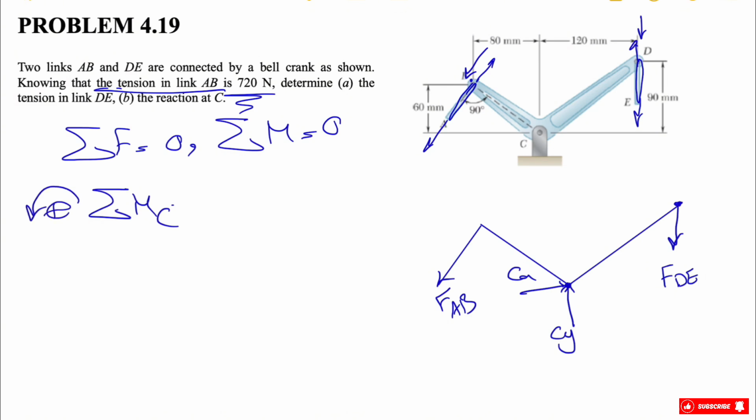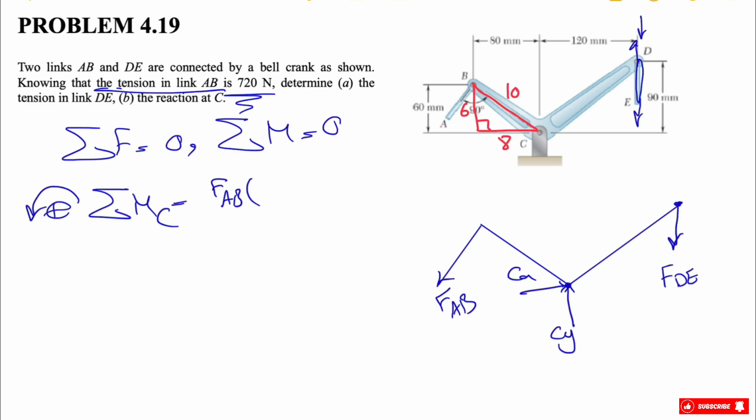Counterclockwise positive as always, and we have the moment of FAB, which is counterclockwise, so we have a positive FAB times the distance, which we have to figure out, and that's what I'm showing here. We have this right triangle where this part is 60 and this part is 80, which means this will be 100 based on the Pythagorean theorem.